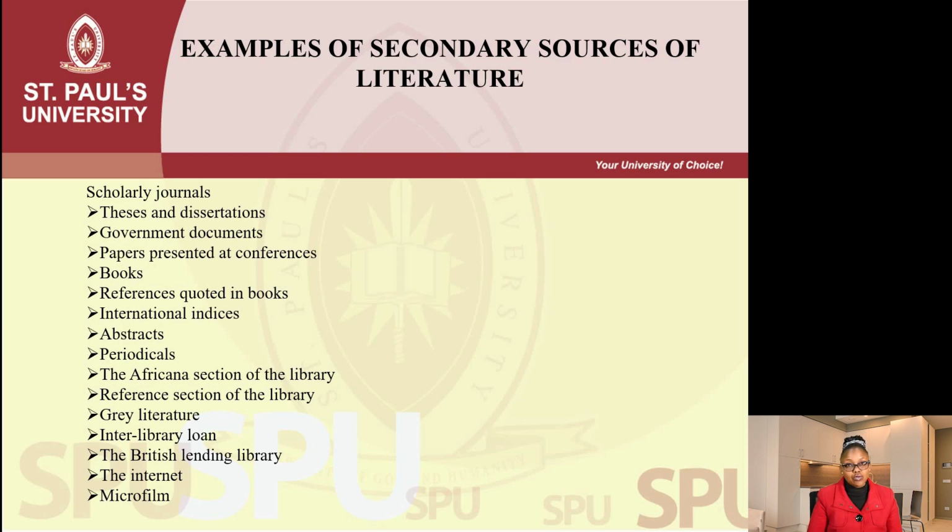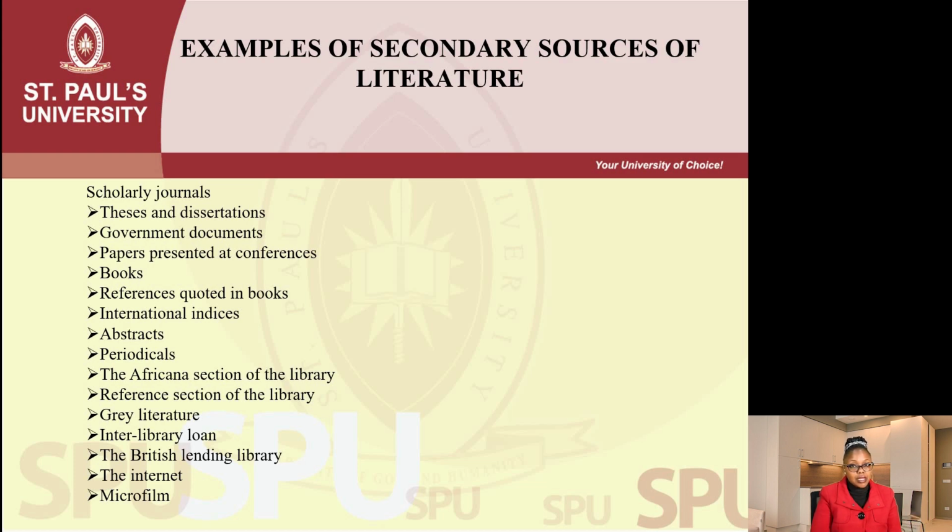And so it is important for you to familiarize yourself with the library. It could be an e-library. If you have challenges with using an e-library, please consult our librarians. They will help you know how to access articles for a particular topic that you are researching on. If it's an e-library, they'll help you to know where we get those resources.